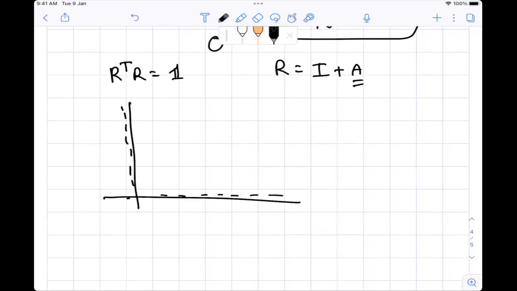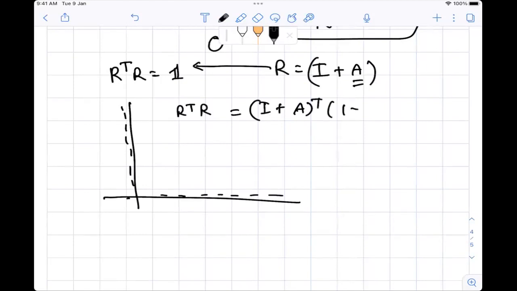Because now I'm trying to rotate by a very small angle, if I plug this back in the equation, I'll get I plus A transpose, because A is very small. So A square, A cube, and other higher order terms in A can be neglected. So this is R transpose R, I plus A. This I can take as I plus A transpose plus A, neglecting higher order terms.